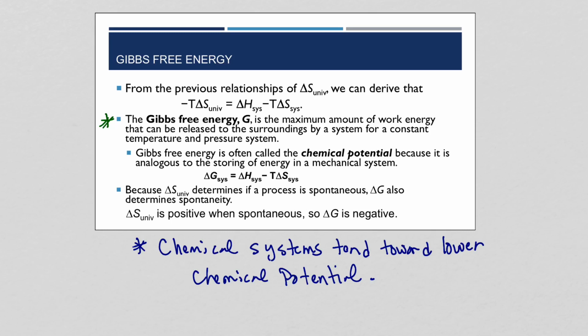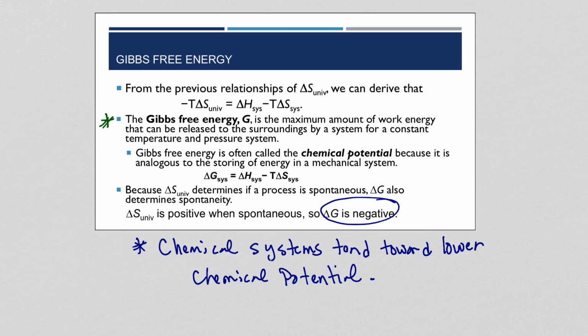So Gibbs free energy gives us that measure of spontaneity that we can determine based on only properties of the system: the enthalpy of the system and the entropy of the system at a given temperature that we're working at. And so delta G is our determiner of spontaneity, and more specifically, a negative delta G is our criterion for a spontaneous process.